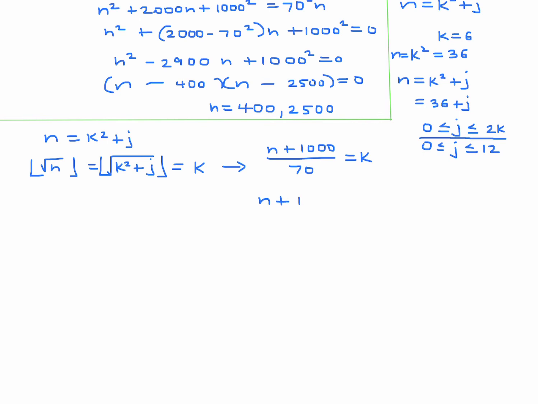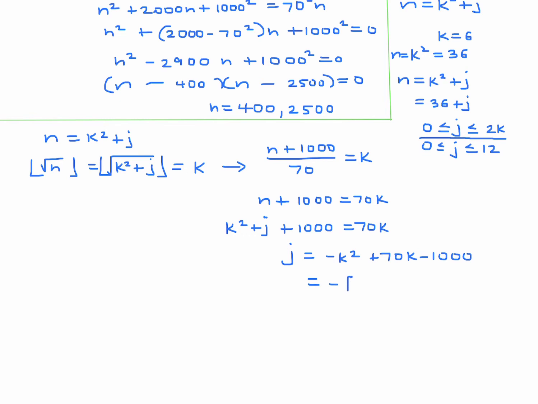Cross multiply and you get n plus 1,000 is equal to 70k. Now n is k squared plus j, so I substitute that in: k squared plus j plus 1,000 is equal to 70k. I'm going to isolate for j. That gives me minus k squared plus 70k minus 1,000. And we can factor this if you really want: it's k minus 20 and k minus 50.